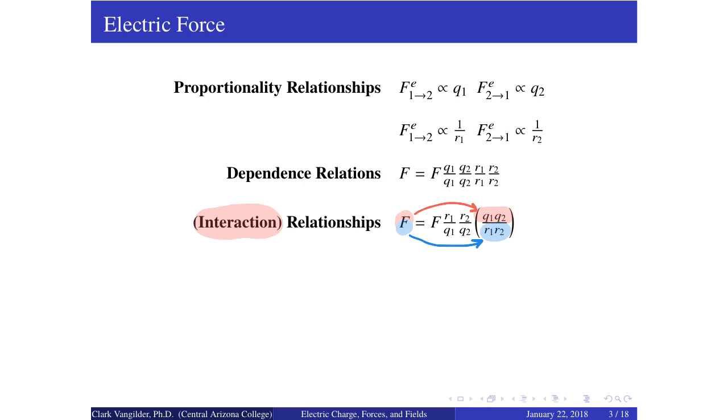That's what R is. It's the distance between the charged objects, or the charges themselves. That's what we mean by that distance R1 or R2, which are always going to be the same length because it's between two charges. One length, two different directions.